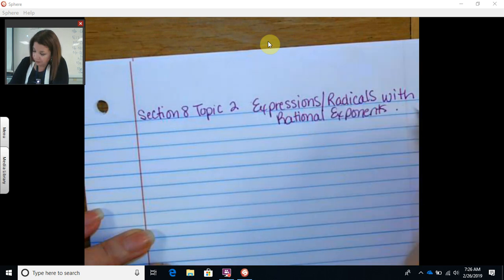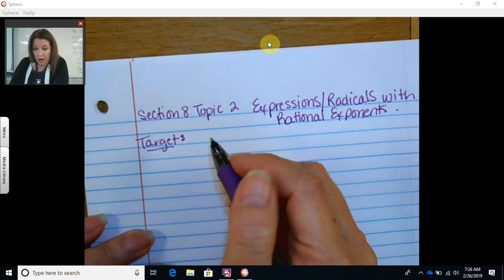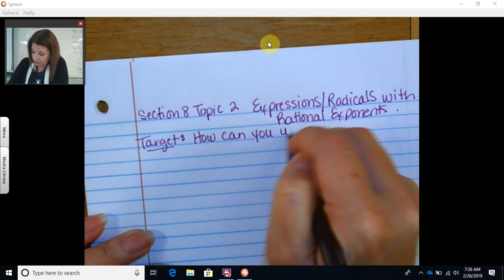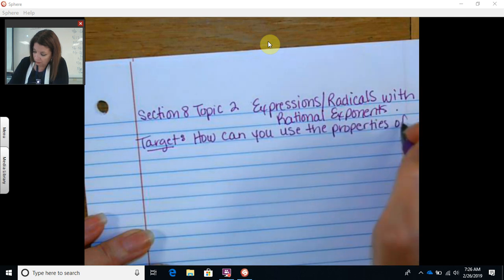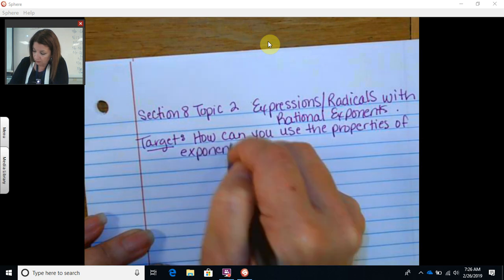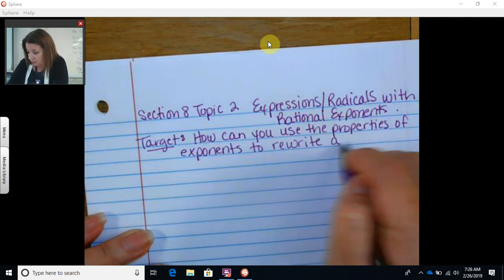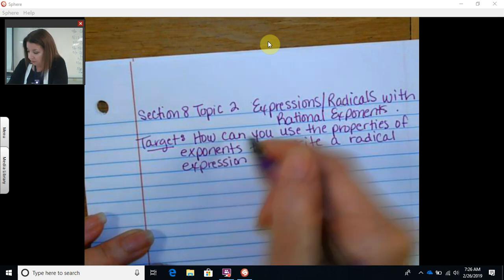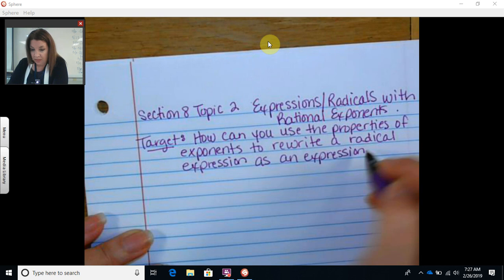And the target: how can you use the properties of exponents to rewrite a radical expression as an expression with a rational exponent?